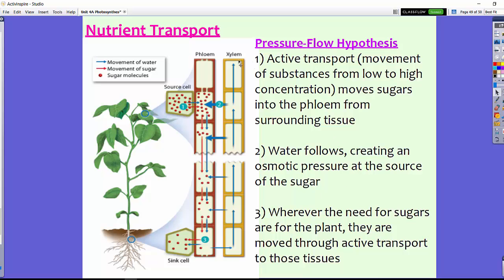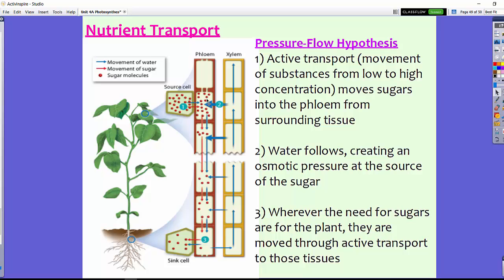So taking a look at this picture, in each stage I have a little explanation over on the side. In stage number 1, this is where active transport moves sugars into the phloem from the surrounding tissue. So whatever cell it's coming from in the leaf, we have active transport moving all these sugar molecules from an area of low concentration to an area of high concentration.